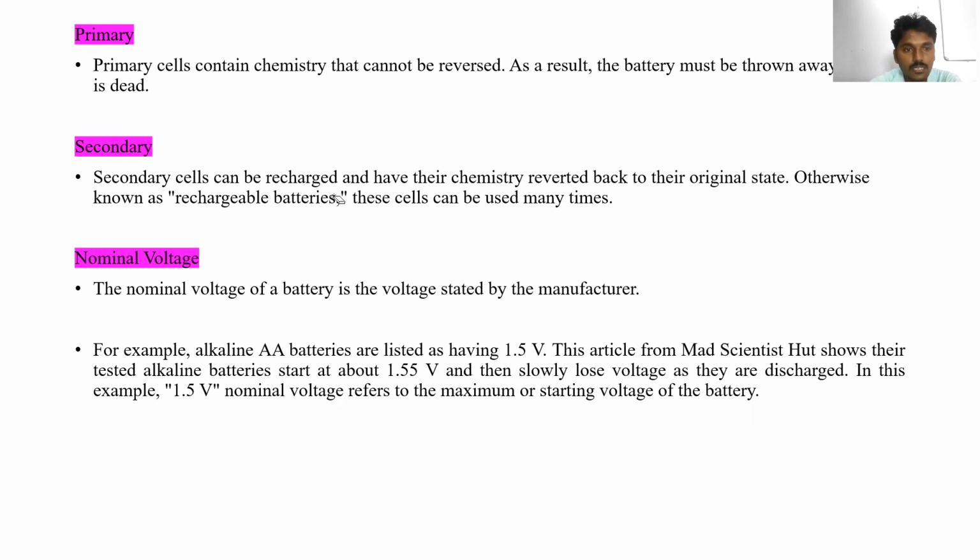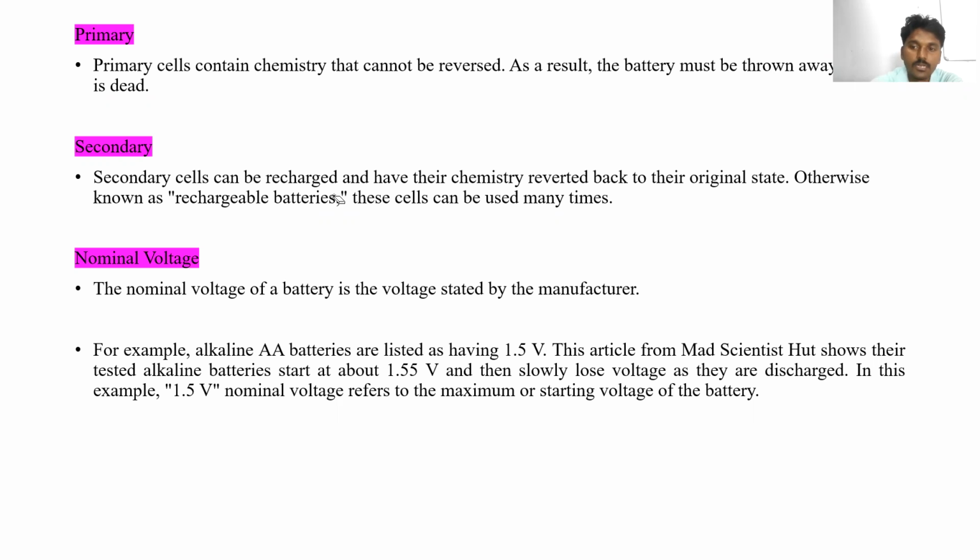Nominal voltage. What is meant by nominal voltage? The nominal voltage of a battery is the voltage stated by the manufacturer, who designed and manufactured that battery. For example, alkaline AA batteries are listed as having 1.5 volts.